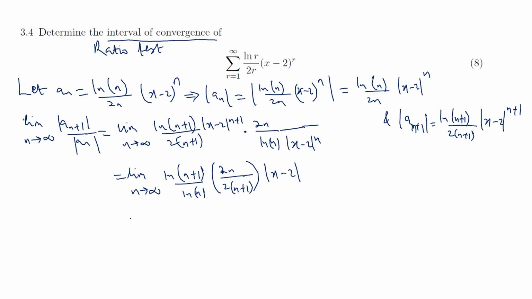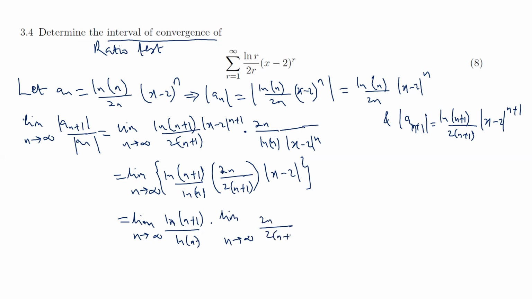Now we have this, which is the ln of n plus 1, and then you have multiplied by the limit, separate this, 2n over 2 times n plus 1.